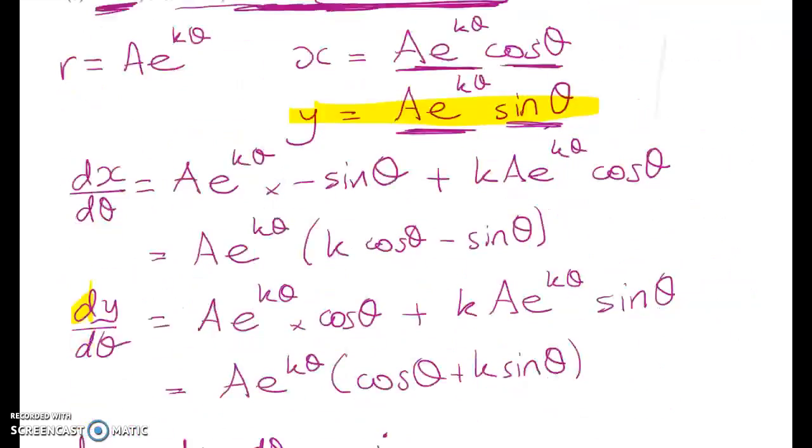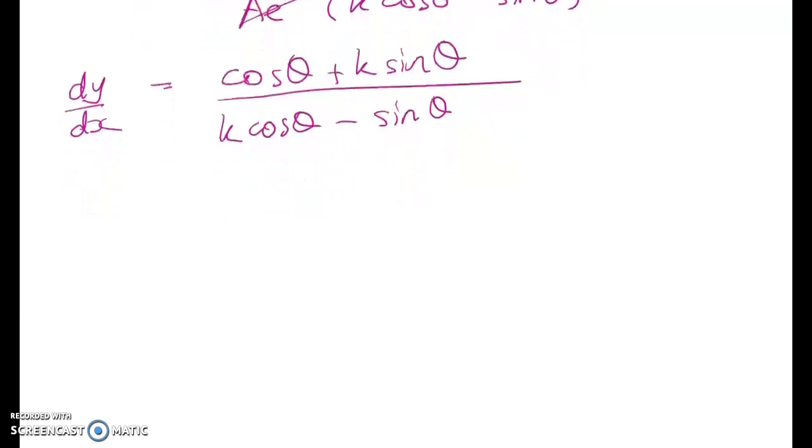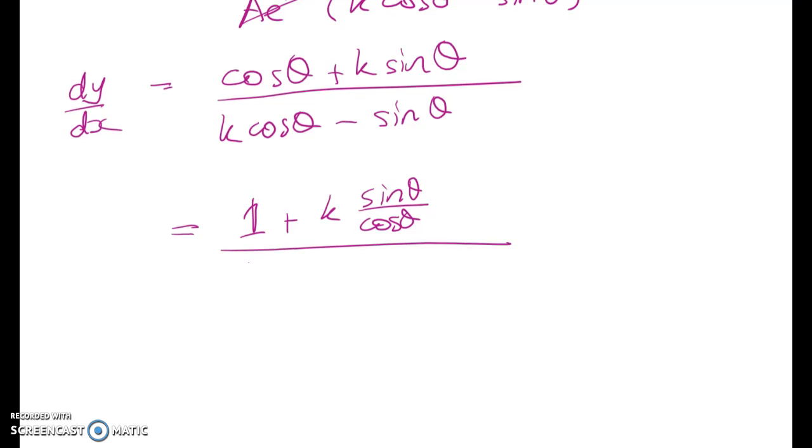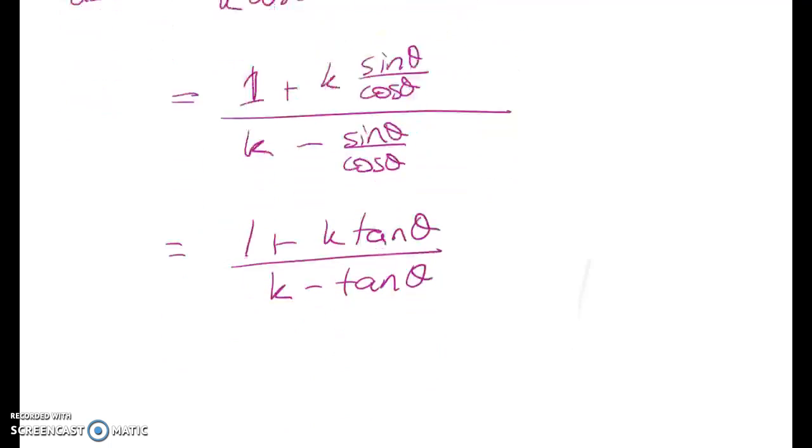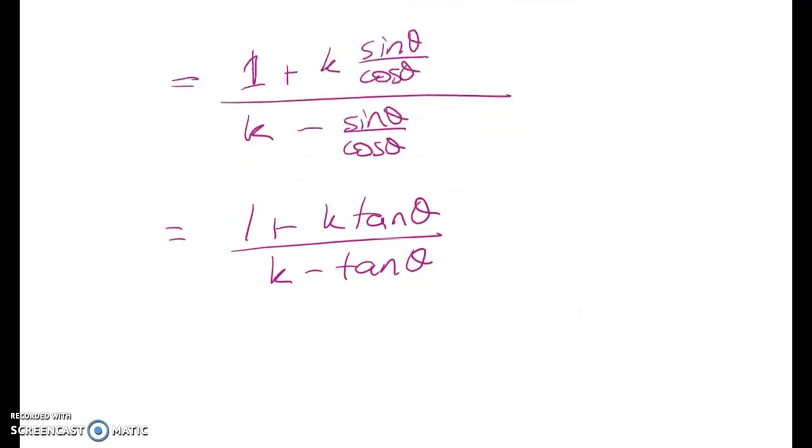Before I get into B, I've got cosines and sines, and I'm thinking about tan, so I'm going to divide everything through by cosine. That gives me 1 plus k sine theta over cos theta, over k minus sine theta over cos theta. So this gives me 1 plus k tan theta over k minus tan theta. That really is the end of that first part.